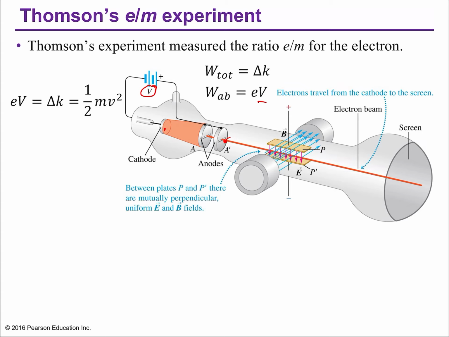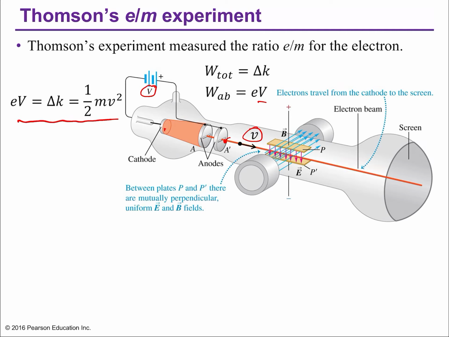If we combine these two equations, we get this equation. The particle that we are talking about is an electron in the electron beam somewhere here. So let me show you one of the electrons that has a speed v. The electron then moves into the velocity selector, where there is a magnetic field and an electric field at 90 degrees.